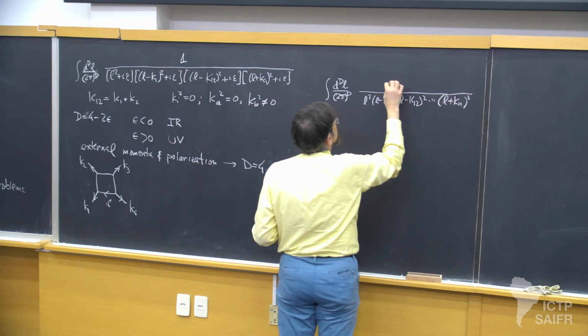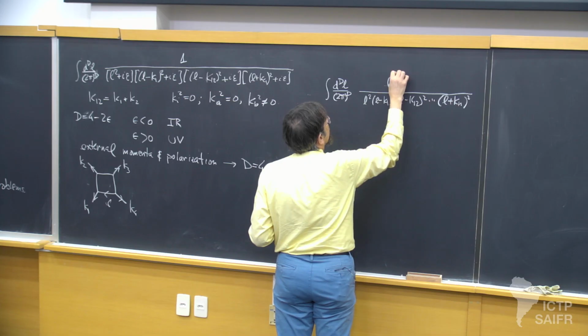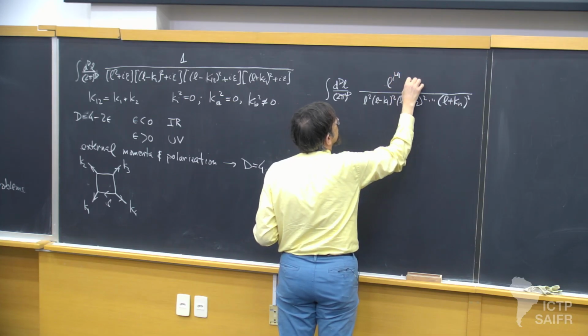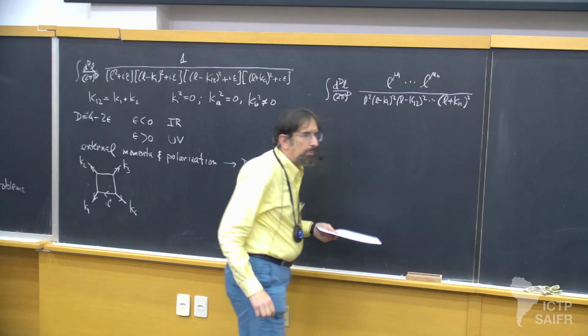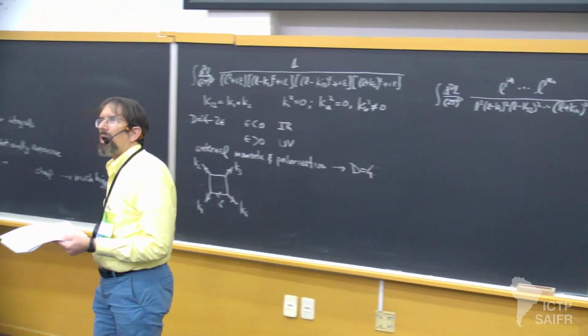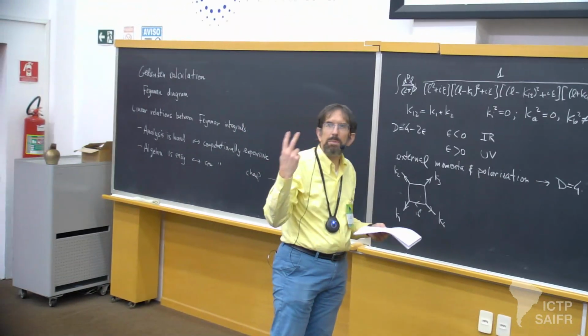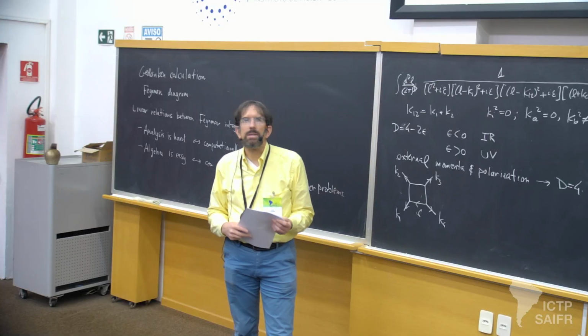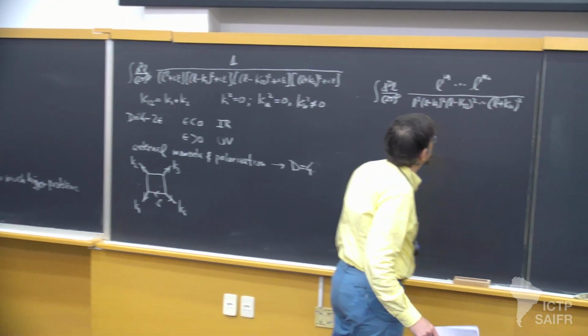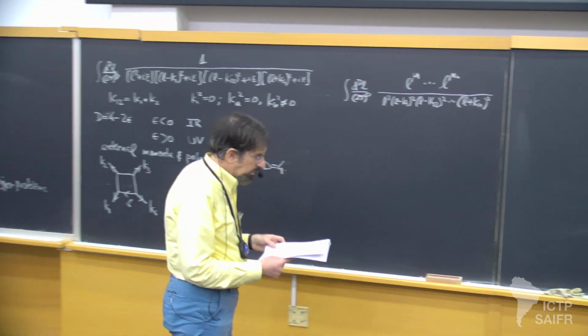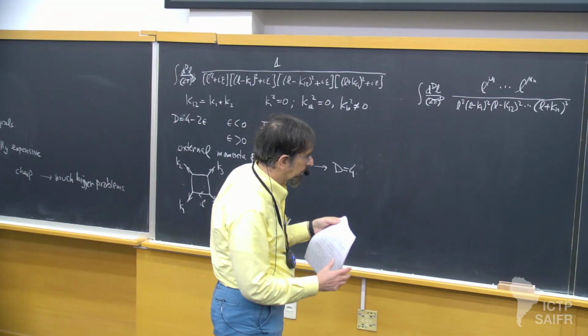And in addition, we might have powers of the loop momentum in Yang-Mills up to n. If we were doing gravity, then we could have up to 2n, because we can have 2 momenta at every vertex. But in fact, this first phase of reduction doesn't really care about the number.